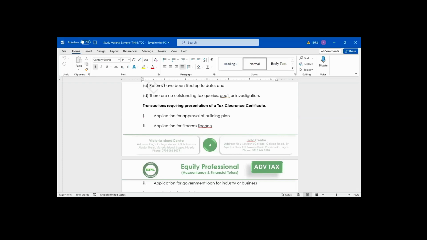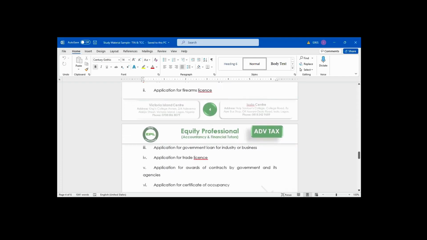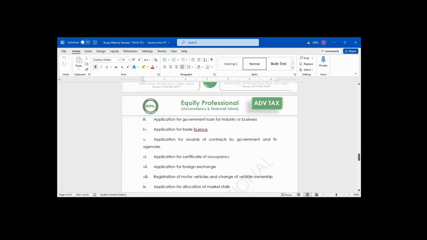Application for firearms license. You want to collect a gun, they'll ask for your tax clearance certificate. Application for government loan. You want to collect government loan, they'll ask for your tax clearance certificate.